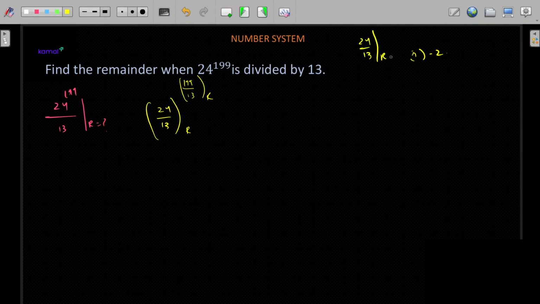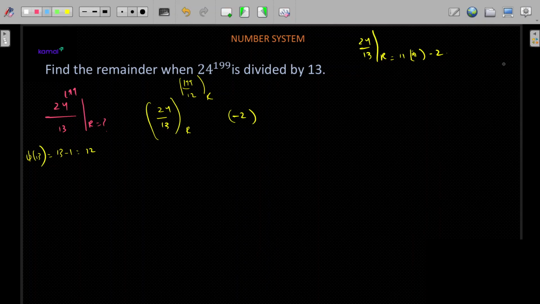There is no rule that you have to always use positive remainders. Instead of 11, you can use minus 2 also. It will become minus 2 whole power. In the power it should be 12, because 13 minus 1, which is 12, which is equal to Euler's totient of 13. Okay, 12.